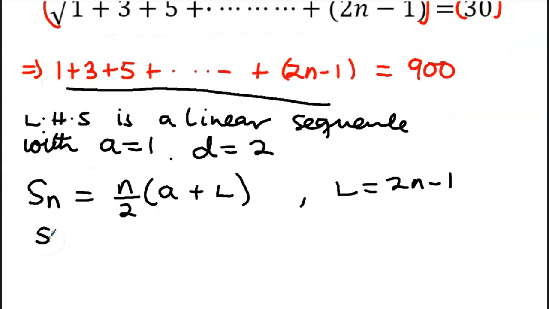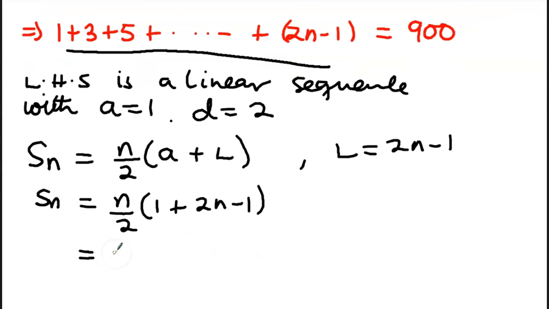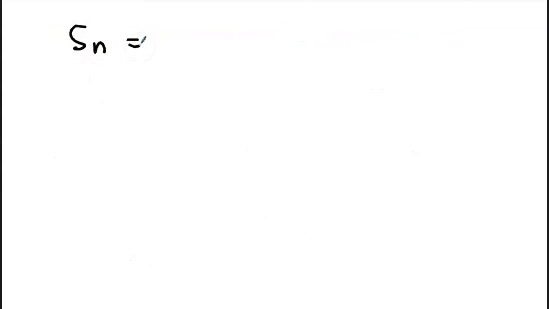The sum of the first n terms will be n over 2 times 1 plus the last term, 2n minus 1. So we have n over 2 times, 1 minus 1 goes to 0, 2n. So these two will cancel, and we have n squared. So the sum of the first n terms is equal to n squared.